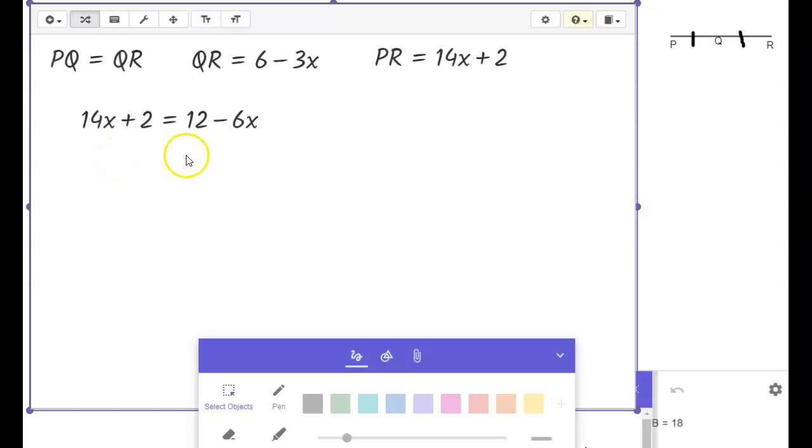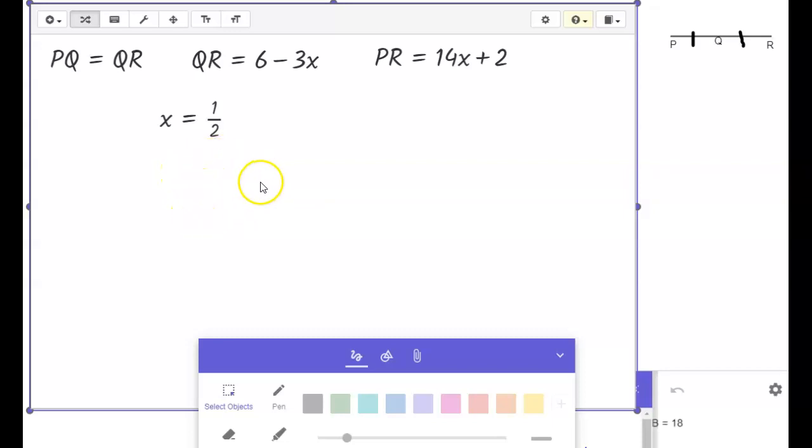All right, then we want to put the variables on the same side, and then the numbers on the other. Okay, good. Then we want to simplify both sides. Woohoo! And then we take the 20 and divide it on both sides. Okay, click to simplify. And it gives us that x is equal to 1/2.